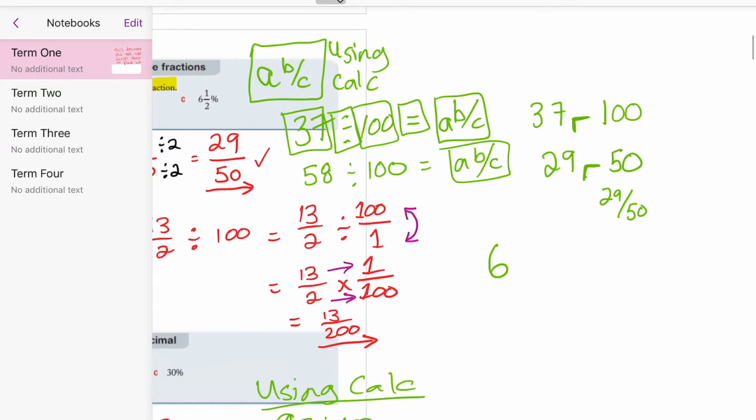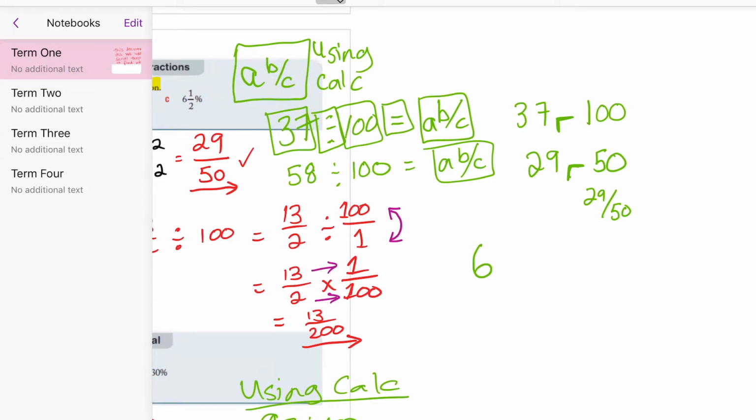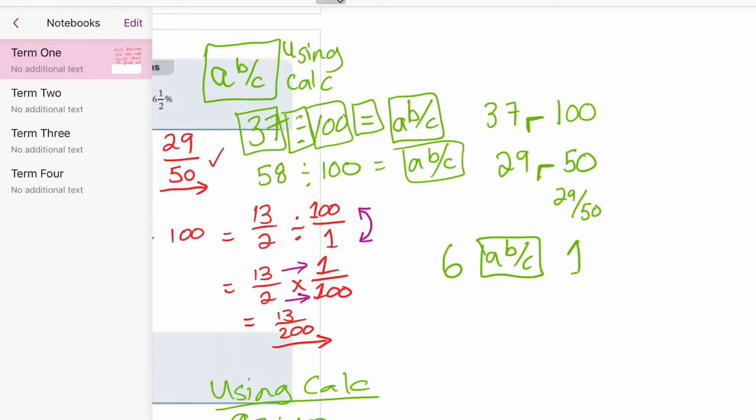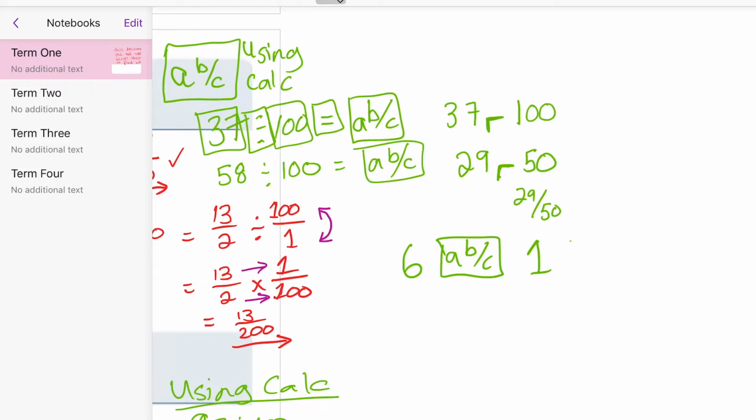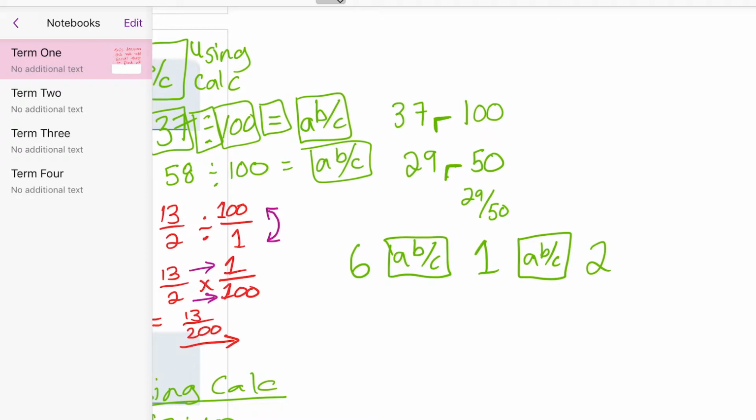You type in 6 on your calculator, then you push your ABC button, then you type the 1. Then you press your ABC button again, and then you press 2. And then you type the 2, okay? So what you've told the calculator is 6 wholes and a half.